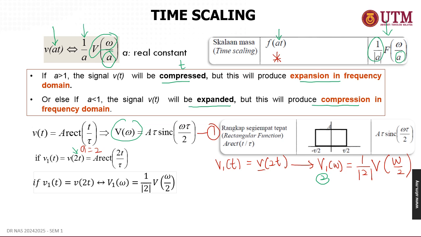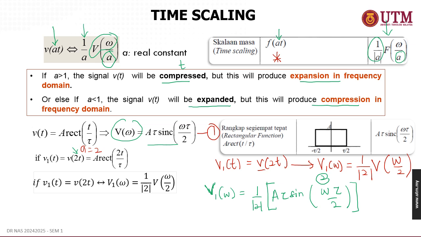Now your V1 omega, capital V for the frequency domain equation, V1 omega equals 1 over 2. And what is your V omega? Replace V omega using this equation: capital A tau sinc function omega tau over 2.